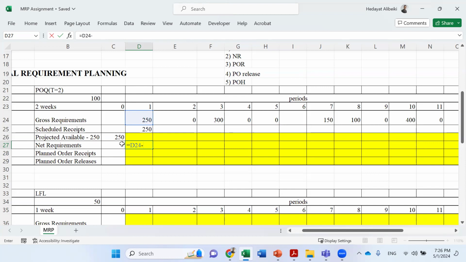So that would be this, in parentheses, plus this scheduled receipt. Even though it's not here yet, it's going to be here sometime in week 1, so we count that as inventory in week 1.